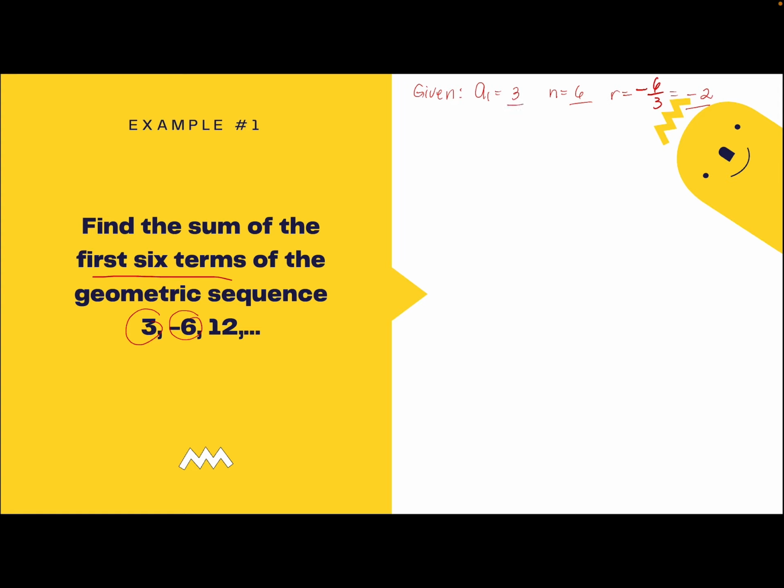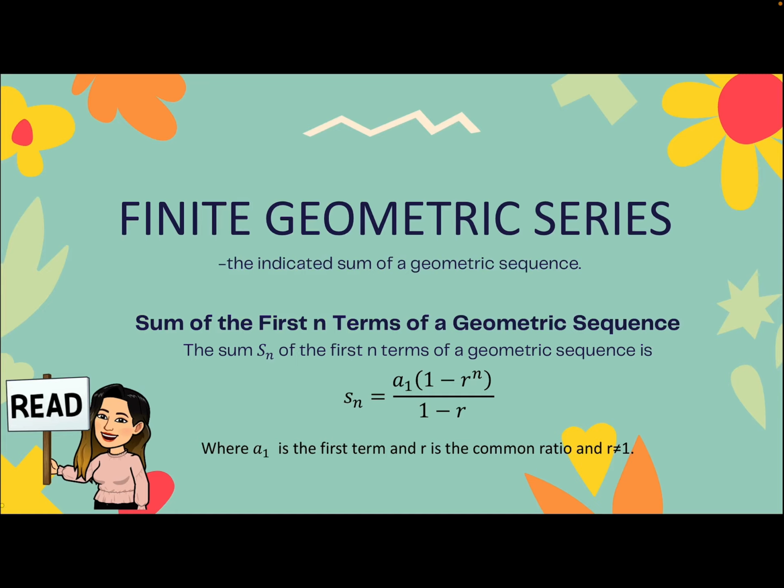Before we substitute the given into our formula, let's go back. The formula comes from this one: S sub n is equal to a sub 1 times r raised to n minus 1 all over r minus 1.